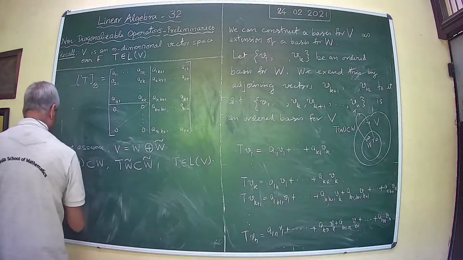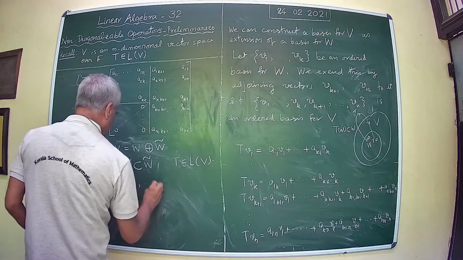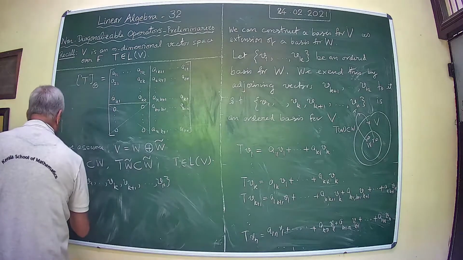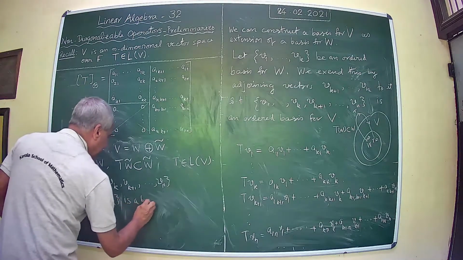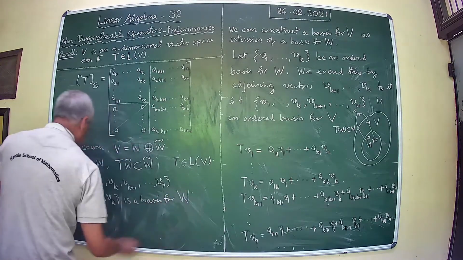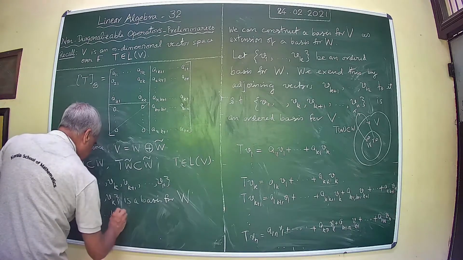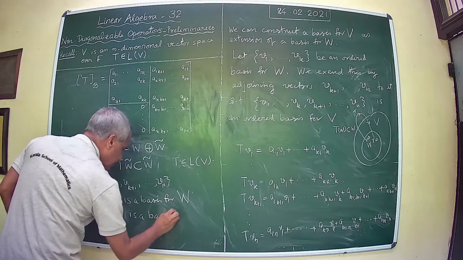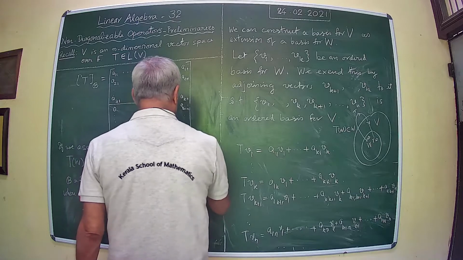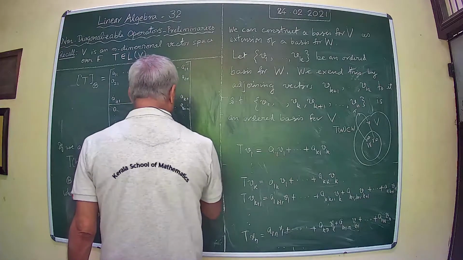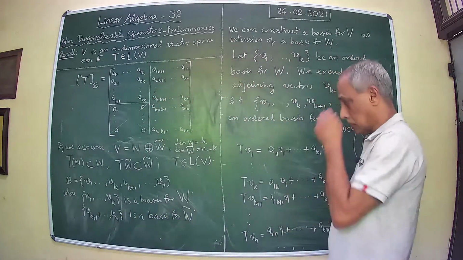Then choose a basis V1 to Vk which is a basis for W, where we are taking the dimension of W as K. Then this is the scenario.